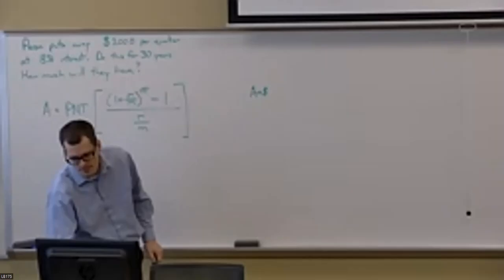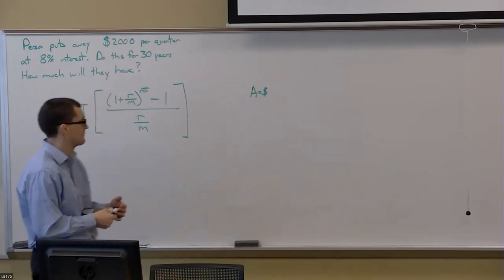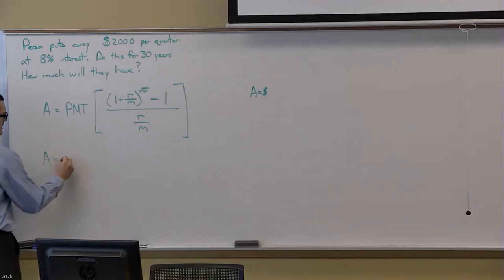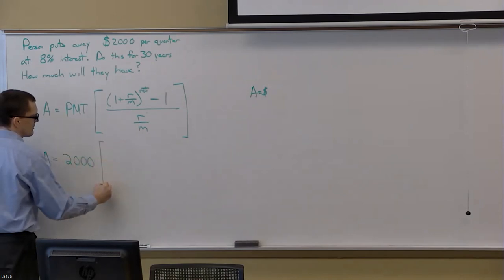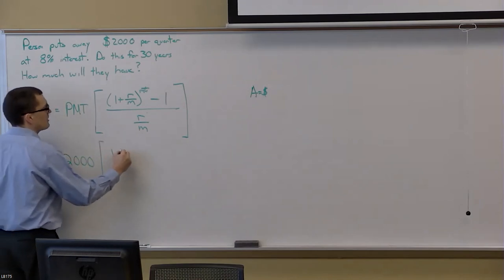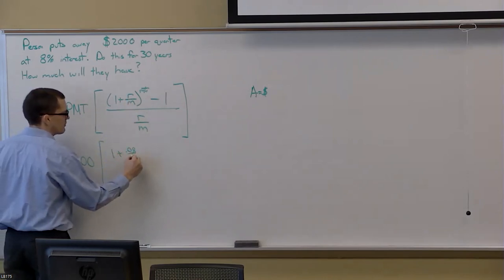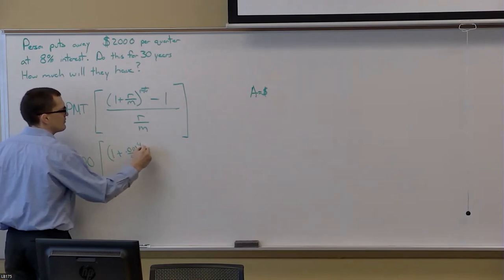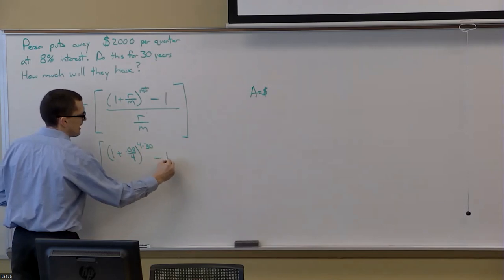All right. People are doing pretty well on this, so I'm gonna keep moving. The payment here is going to be $2,000 because we're putting in $2,000 each quarter. 1 plus 0.08 divided by 4, to the 4 times 30th power.